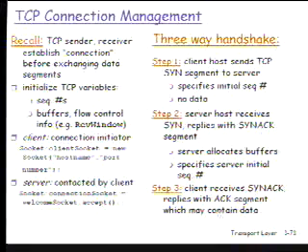In this three-way handshake, the first step is initiated by the client. The client is the one which is going to initiate this connection, and that sends the server a TCP SYN segment. So what's a TCP SYN segment? It's a TCP packet which has no data, but the SYN bit is set to 1.